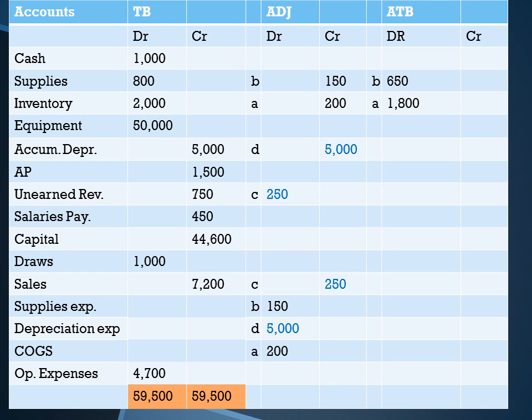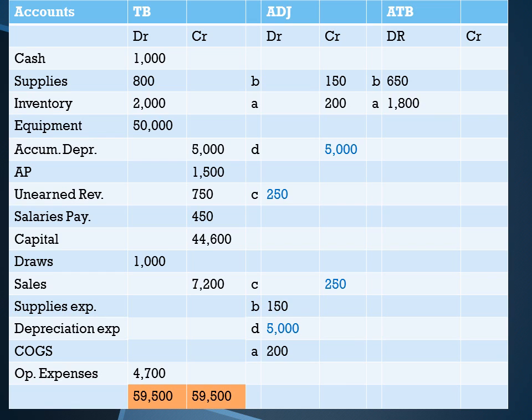So a project manager comes to you and says, we've earned $250 of this. And so we're going to reduce the unearned revenue, and of course that would be done with a debit entry in the adjustments column. And the offsetting entry to that would be to show the revenue. We have now earned it, so now we're going to show that revenue in the period in which it was earned, and that goes to sales.